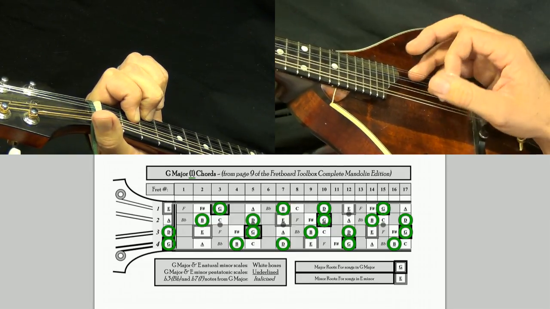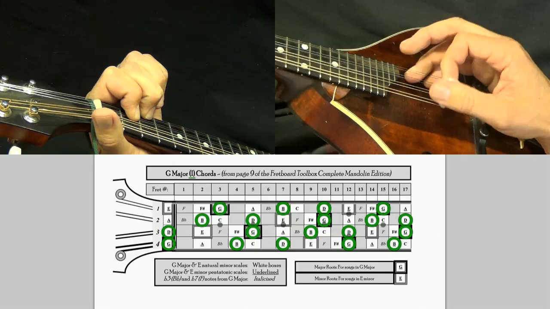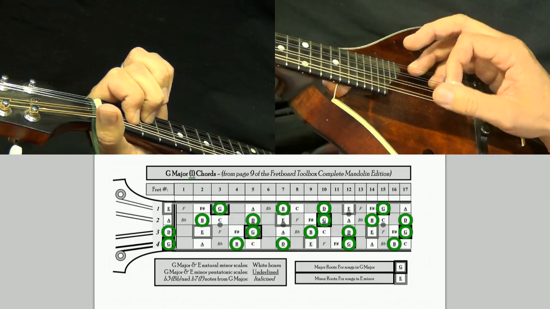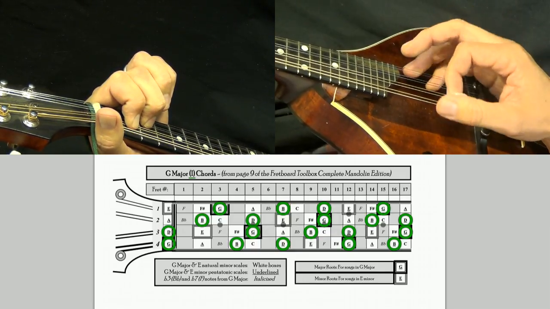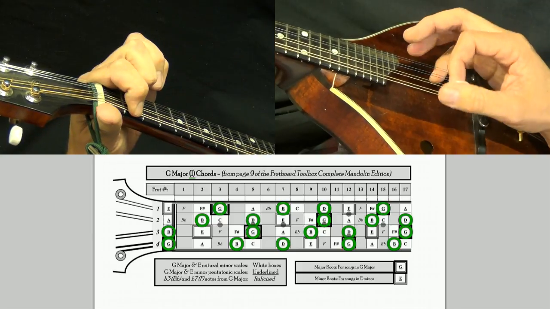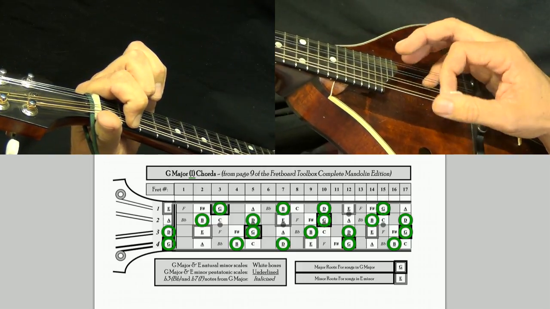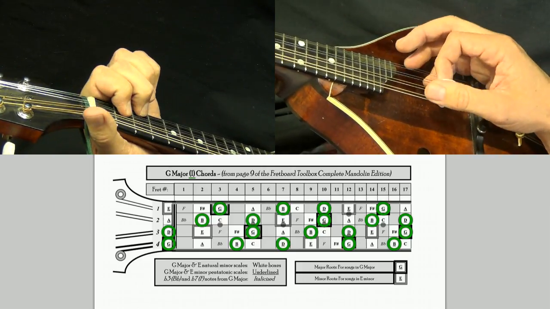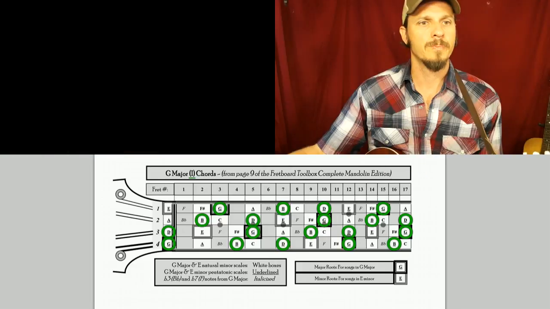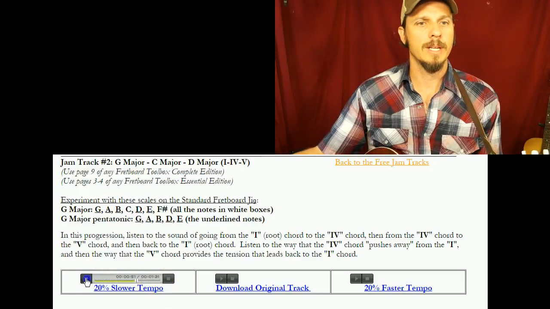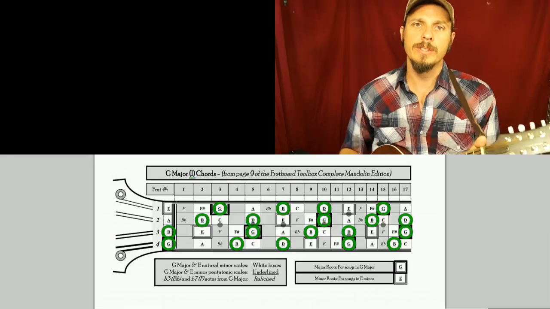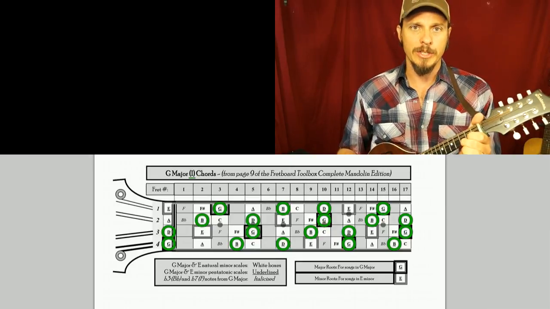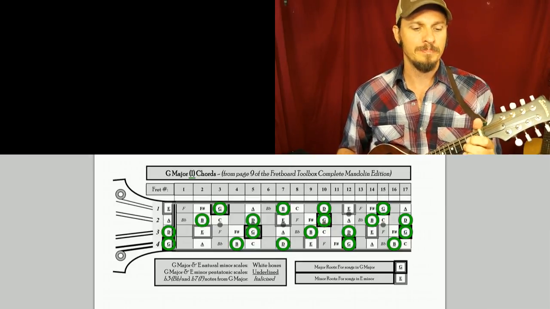Let's try one more. G, the 4 chord's going to push us away. D major, 5 chord. Alright, let's pause that. So if you listen to those chords, when you're playing that G major, that's your home.